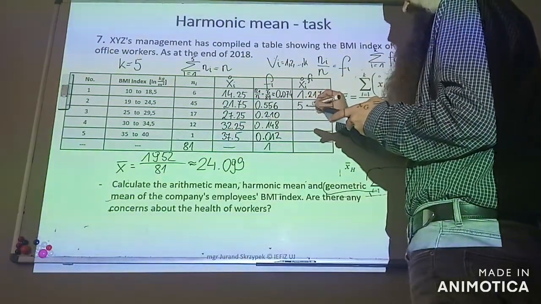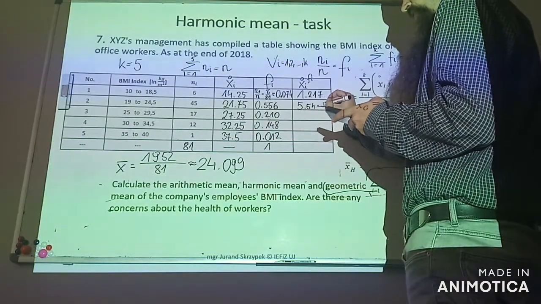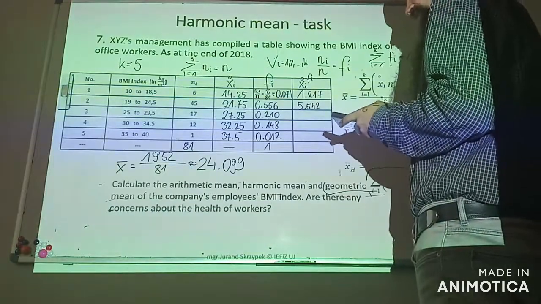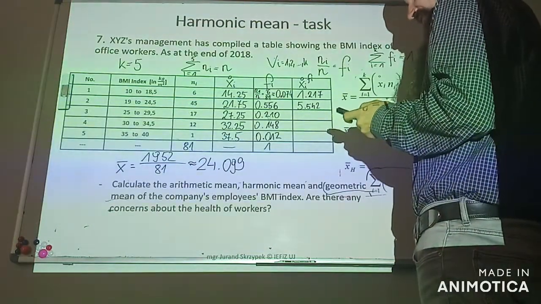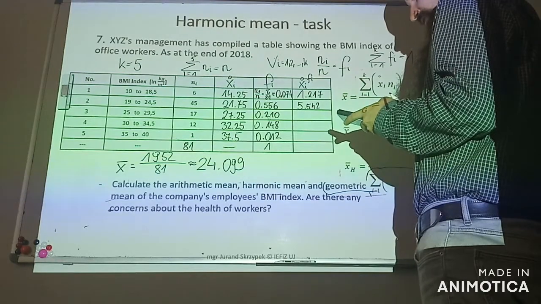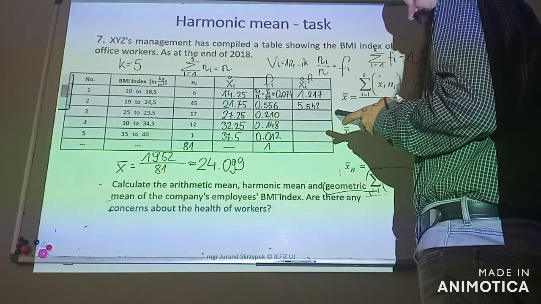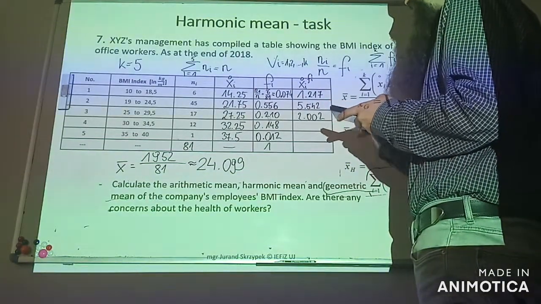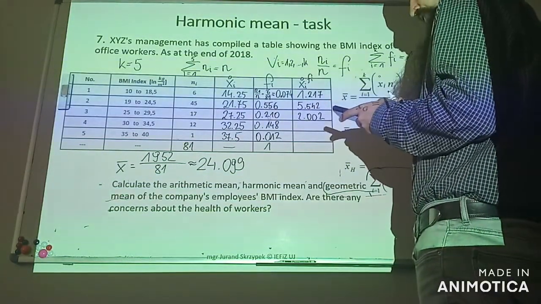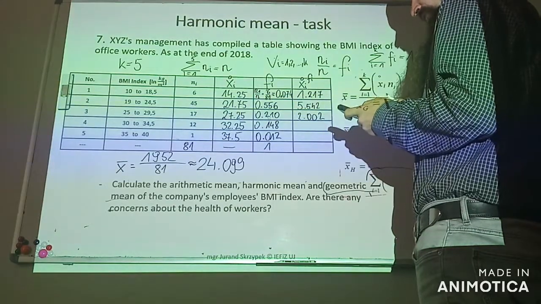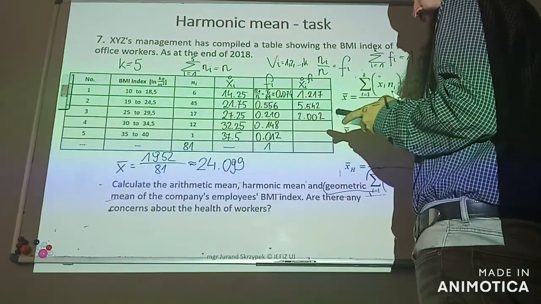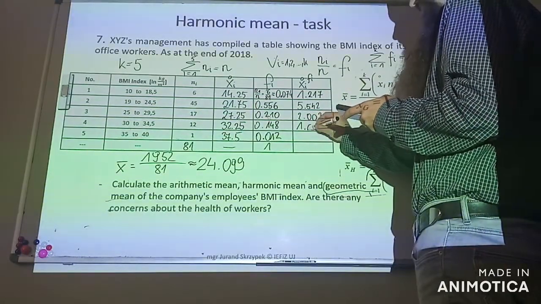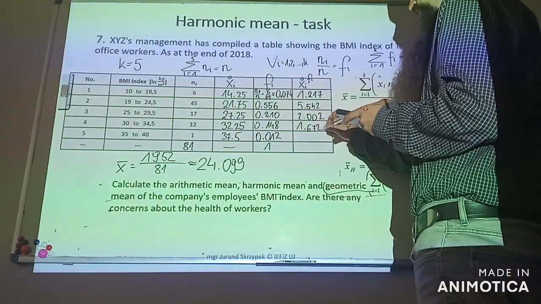The result is 5.542. In the next step, we have 27.25 raised to the power of 0.021, which is 2.002. Then 32.25 to the power of 0.148 gives 1.672.